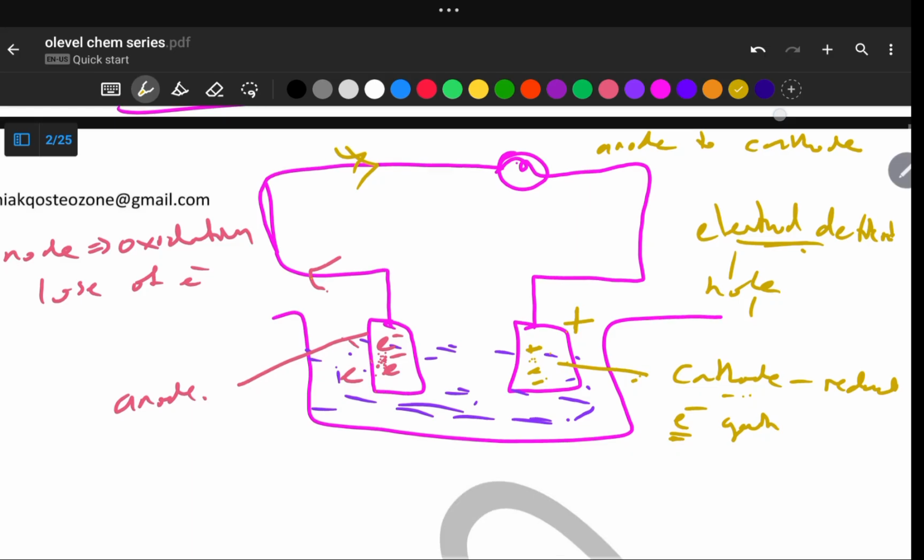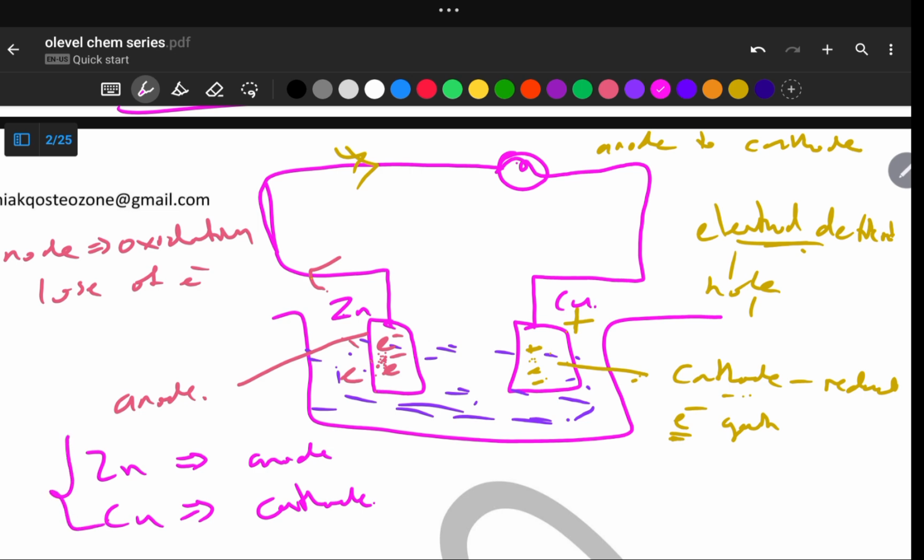So let us say we are given elements. This one is zinc, and this one is copper. So zinc is going to be the anode, and copper is going to be the cathode. So we are going to apply the reactivity series.